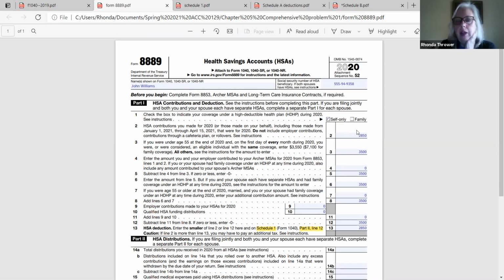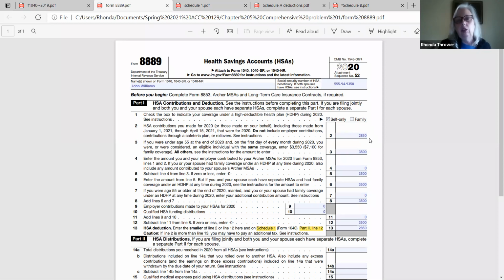Line 2, the amount of $2,850 was given in your instructions. There's a list of items that John had paid during the year, which he could prove that he had paid. If you look through that list, you can see there's contributions to the HSA, which was $2,850. In other words, this was given to you.